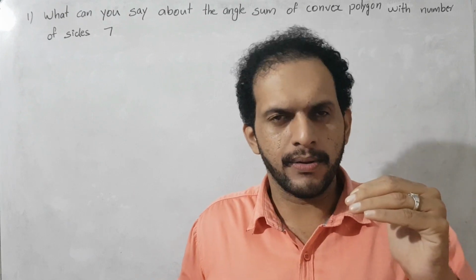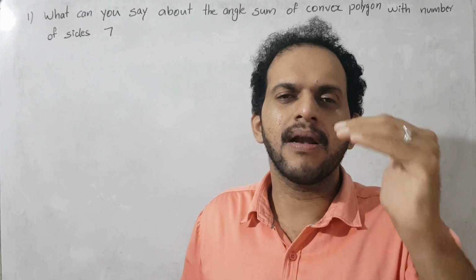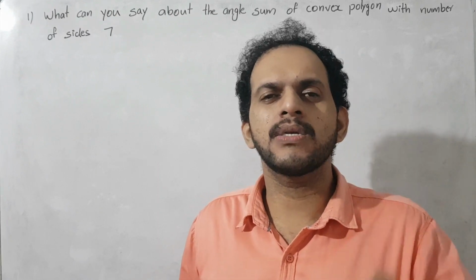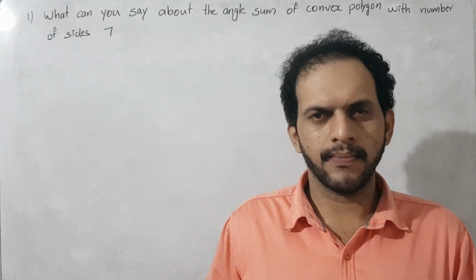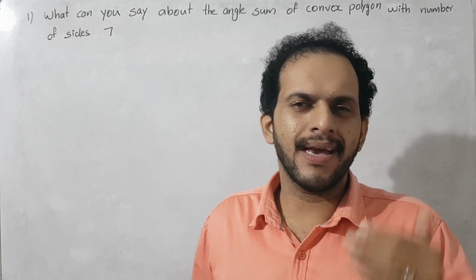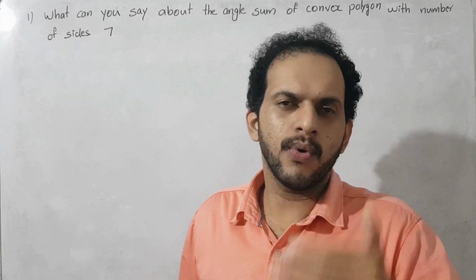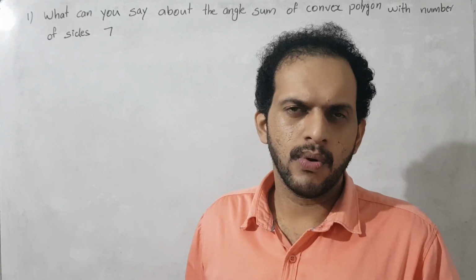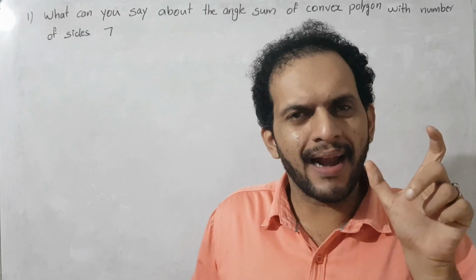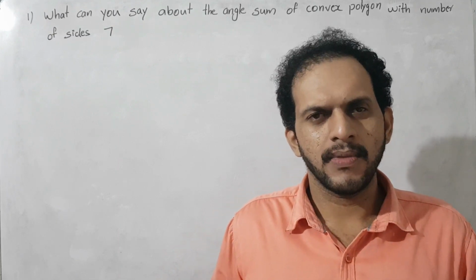Now the idea is how to find the angle sum of a polygon if we know the sides of the polygon. Correct? How do we find the angle sum if you know the sides of the polygon? So we generalize the idea like this.